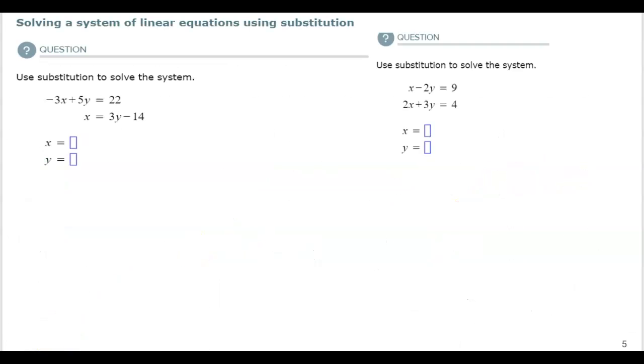So when I look at these, I'm going to ask myself, do I have the exchange rate for one of the variables? I have the exchange rate for x. I know it's worth 2y minus 14. So I'm going to put that everywhere I see an x.